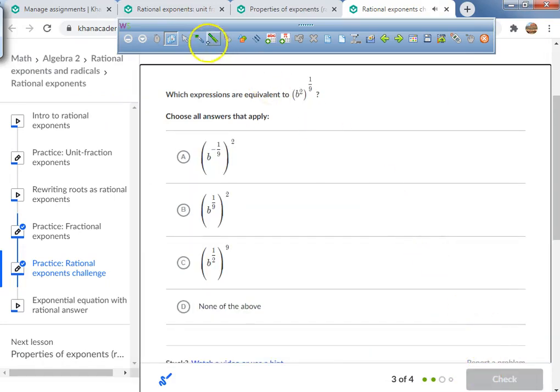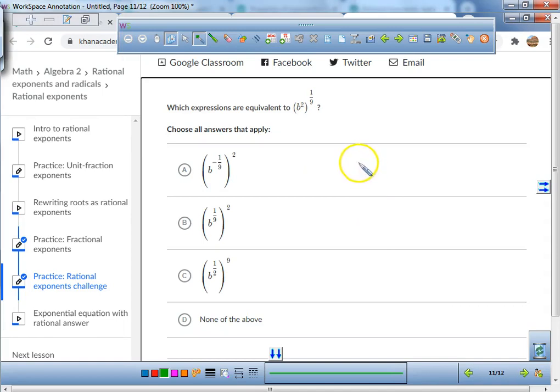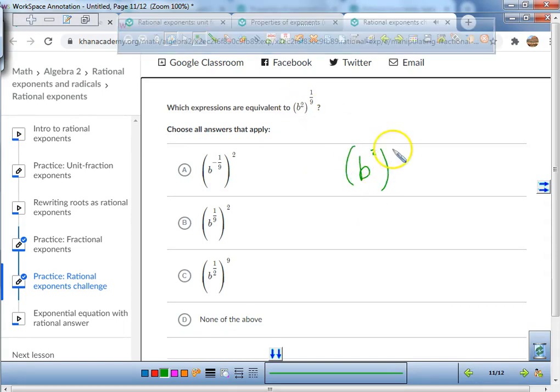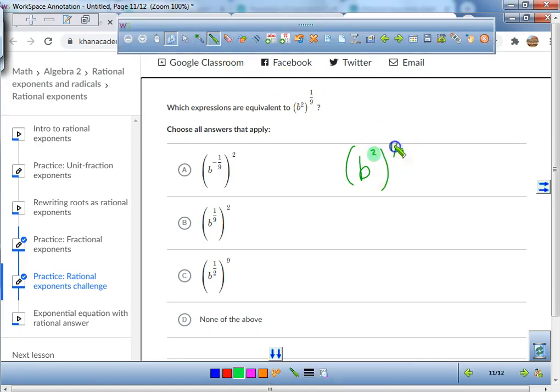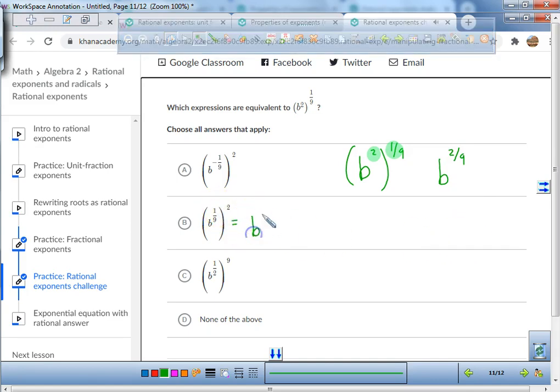All right, let's take a look at the next one. So we have b squared, and I'm raising that to the power of 1 over 9. If I do a power to a power, that becomes b to the power of 2/9. Well, this one matches. That becomes b to the power of 2/9. So I'm definitely choosing that one.